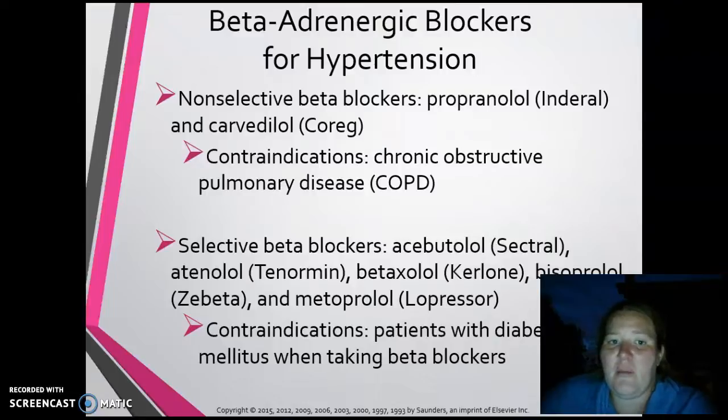So you have non-selective, so your propranolol is on there, and your Coreg. Coreg is also used as a contractility med for the heart, which we'll eventually get to. There's your contraindications, and then you've got your list down there. Look at that, you've got your metoprolol that we're going to be seeing and using a ton of.